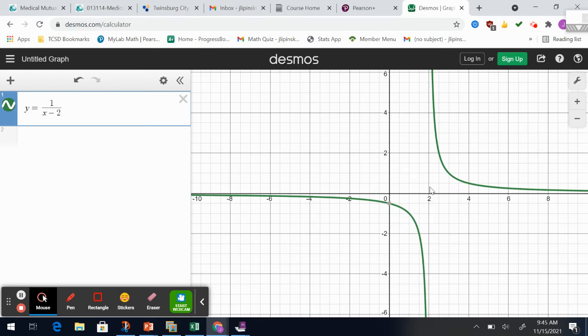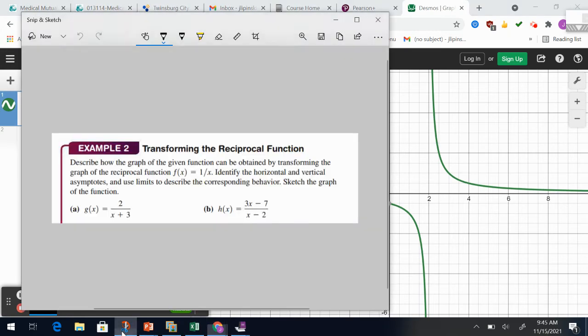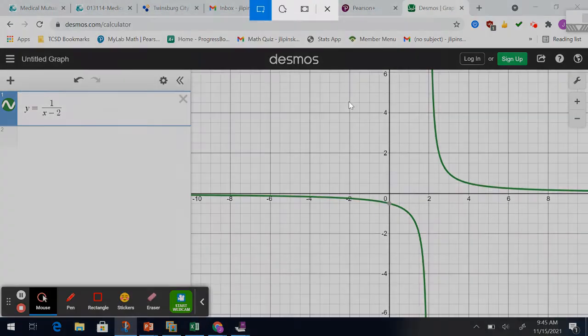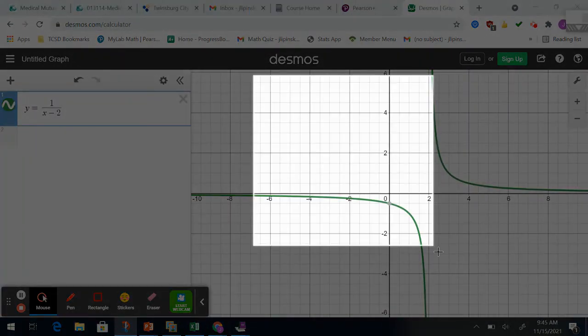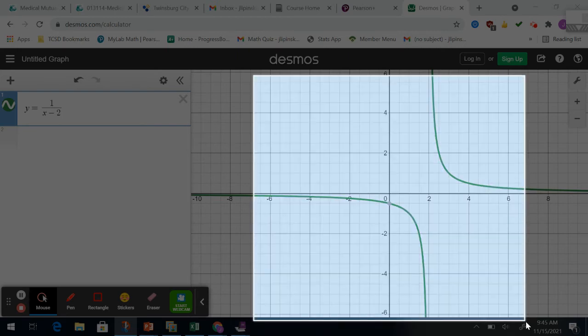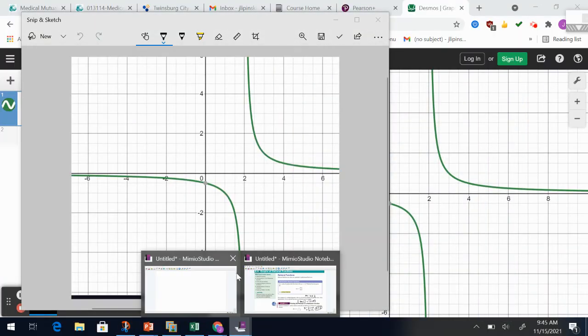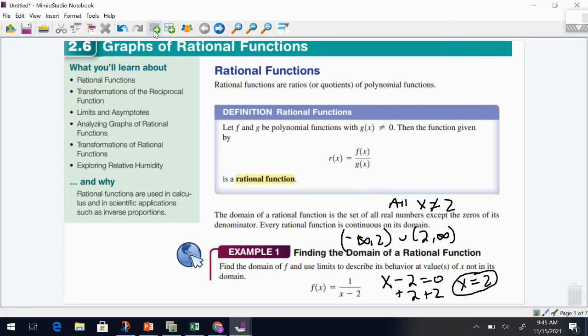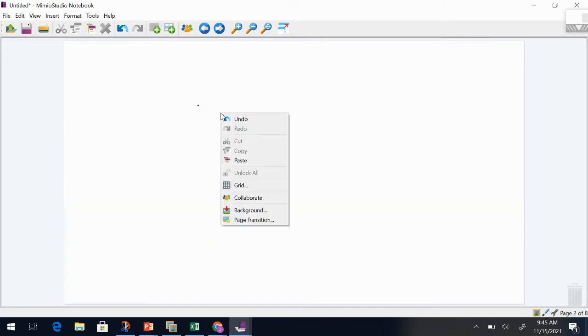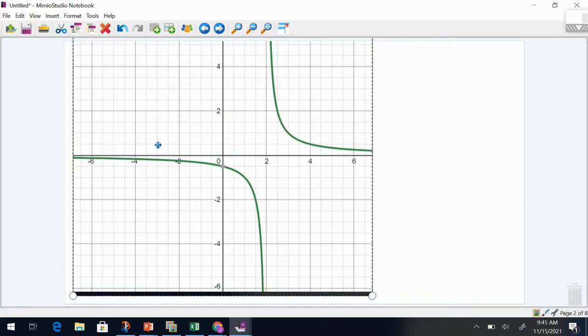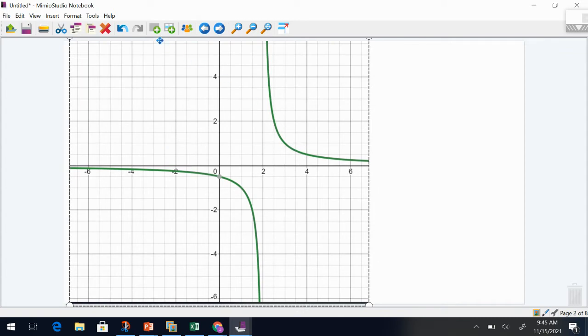I'm going to take a quick picture of this and paste it so I can draw on it. So here's the graph. What they are asking us to do is take a look at the asymptote.